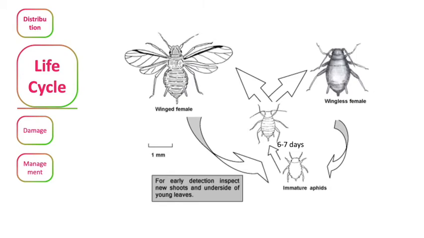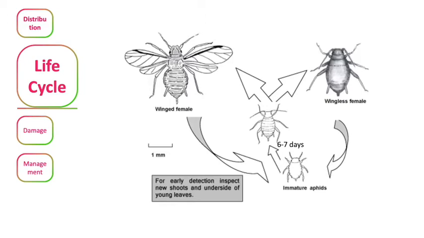Female nymphs hatch from eggs in the spring on the primary host. They may feed, mature, and reproduce parthenogenetically on this host all summer, or they may produce winged females that disperse to secondary hosts and form new colonies.